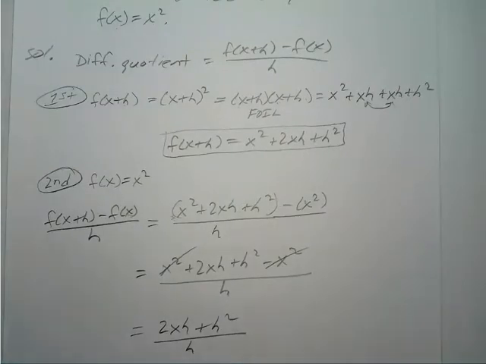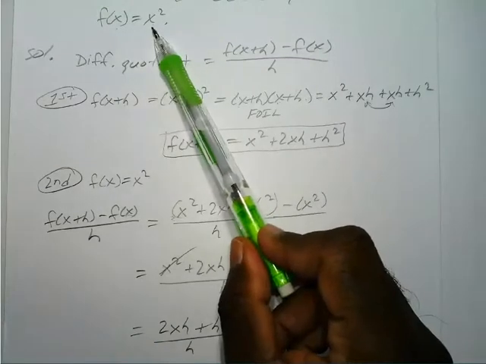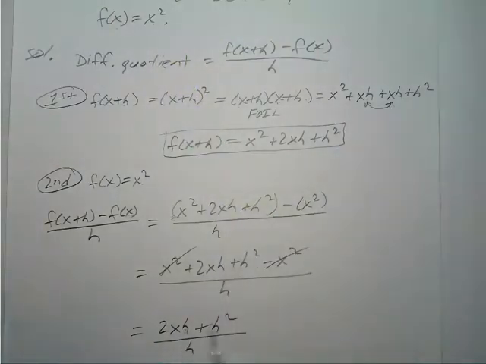Again, if you have a nonlinear function, here it's x squared, so it's not linear, every term in your numerator should have an h that you can factor out if you did it correctly. If you don't have an h in each term to factor out, then you may have messed up somewhere. But here you can factor an h out of both of those terms.